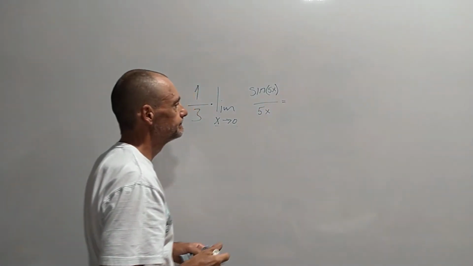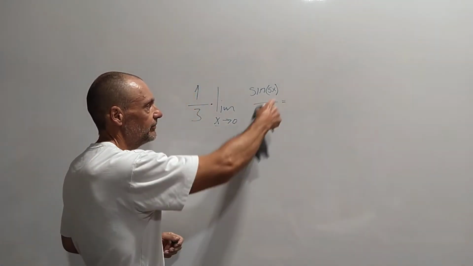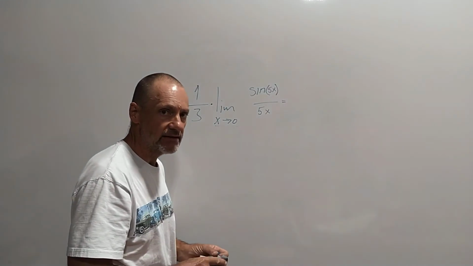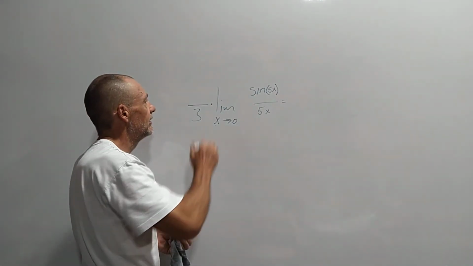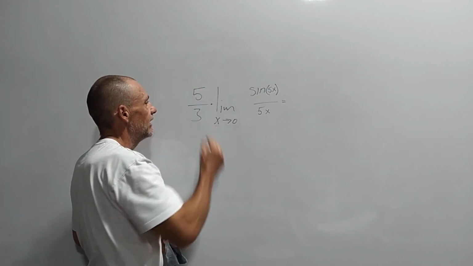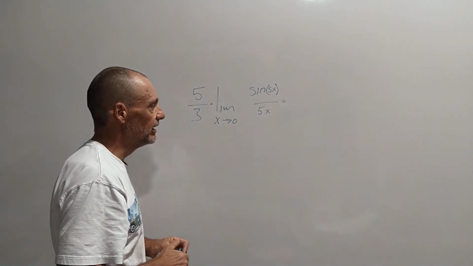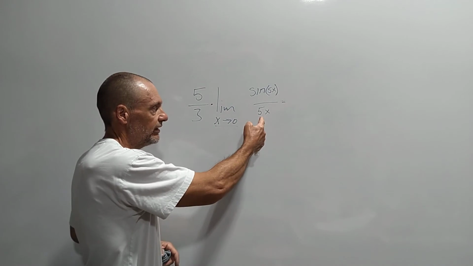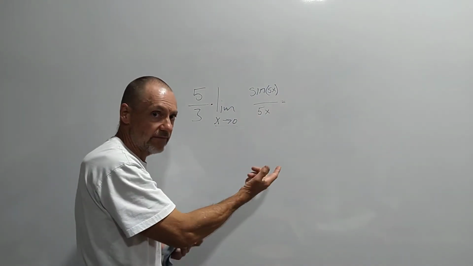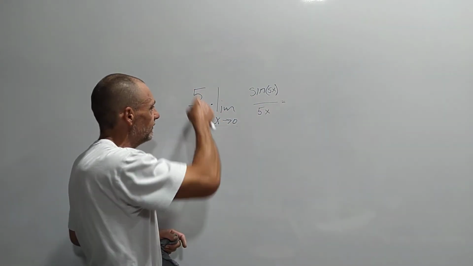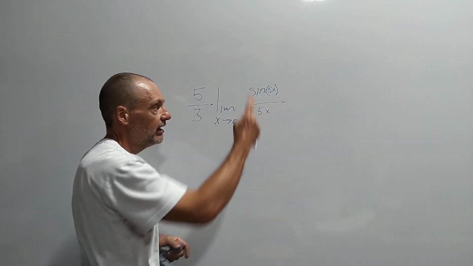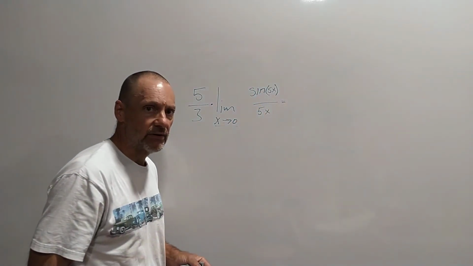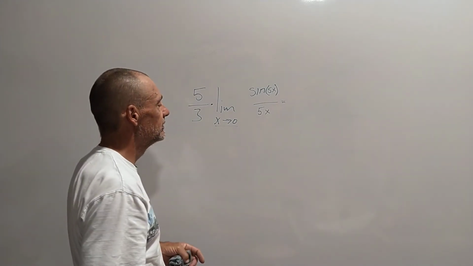So now I have multiplied this thing by 1/5 inside the limit, and then I can put a 5 out here. Because I can do exactly what I did with the 1/3 with this 1/5. I can pull the 1/5 out, the 5s will cancel, I'll get the 1/3, I can move the 1/3 back in, and I'll end up with the problem exactly the way it was stated to start with.